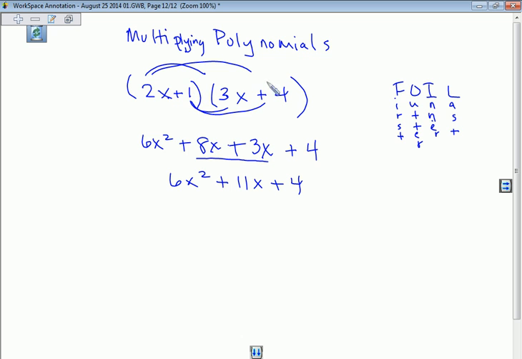The last term in this binomial times the last term in that binomial gives us that. So if you're ever talking to a math teacher and they say we're going to use FOIL, that's what they're talking about. Multiply your first terms, your outer terms, your inner terms, and your last terms. And then your final step is to always look at your result and see if you have any like terms and combine those. Okay, you try.